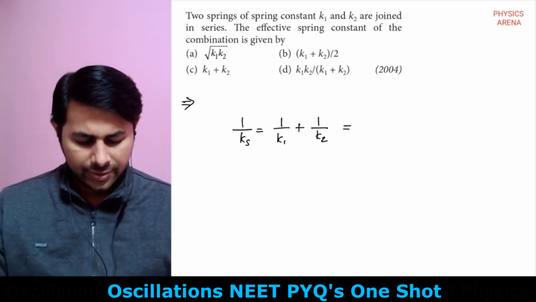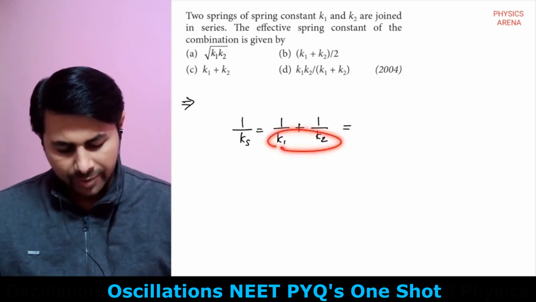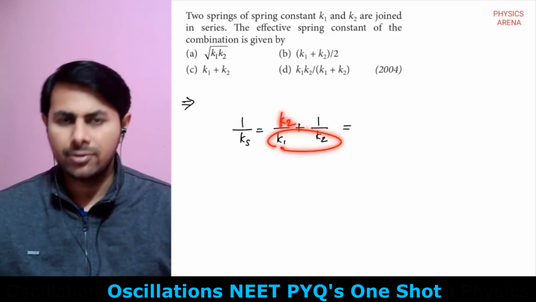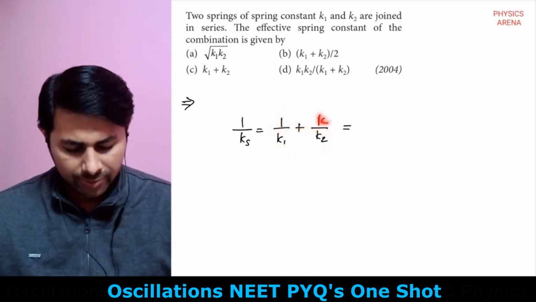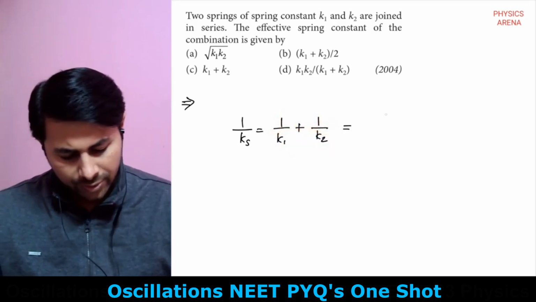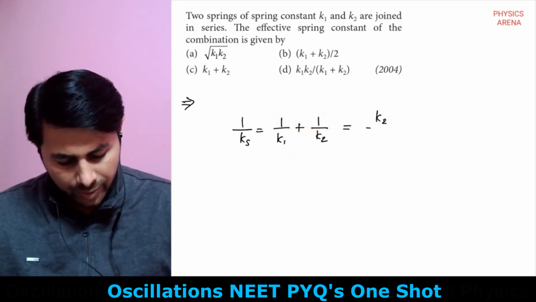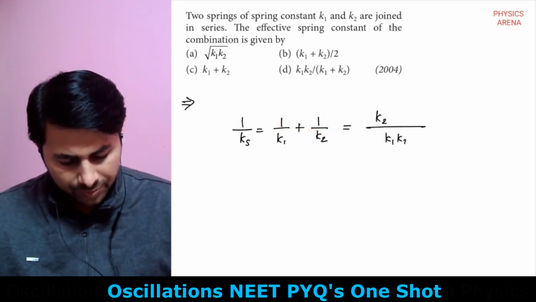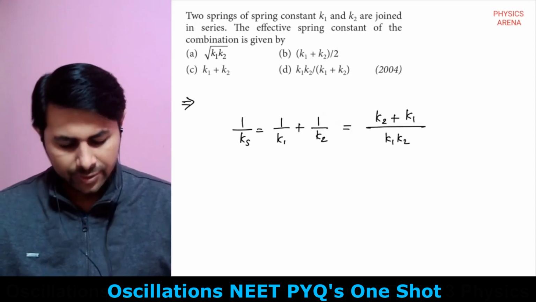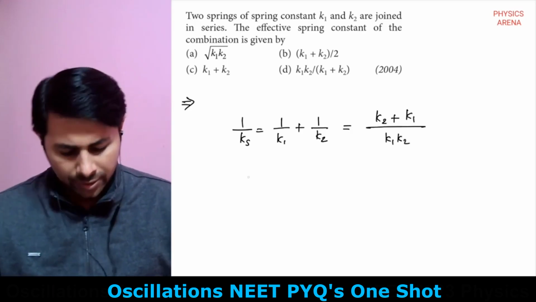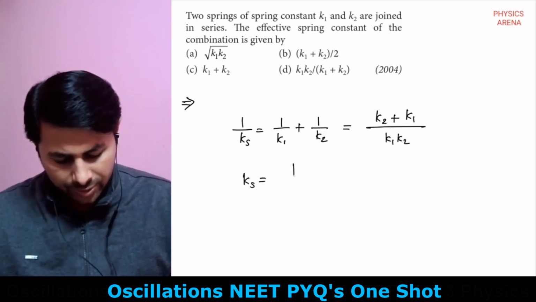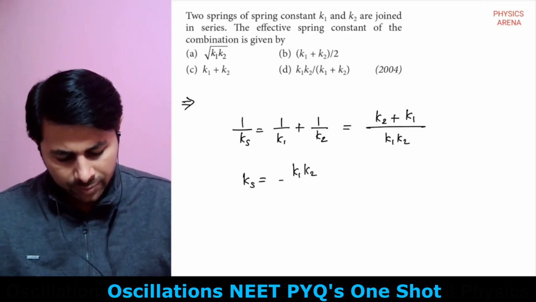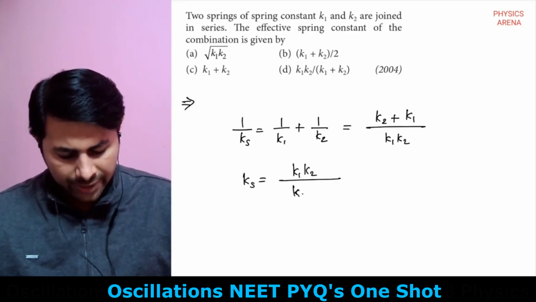This can be written as, so if you make denominators same, you have to multiply this by K2 and this one by K1. So it is K2 plus K1 upon K1 K2, and then you take the reciprocal, so you get Ks equals to K1 K2 upon K1 plus K2.